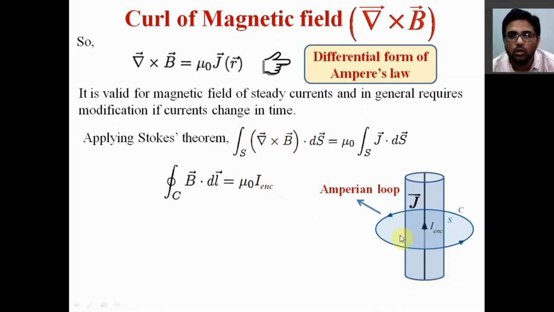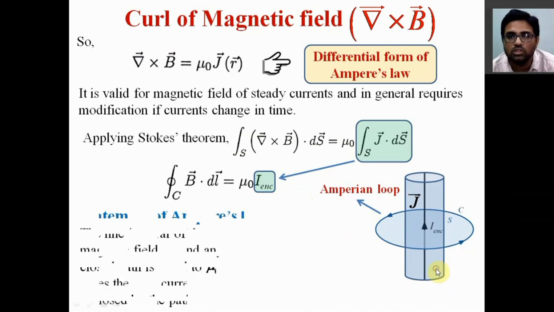Now here the open surface S is enclosed by this contour C. Now this will be equal to mu 0 times this open surface integration J dot ds, and this is actually equal to the current passing through this surface, which we call I enclosed, and this is the current enclosed by this closed loop, and this closed loop is actually called the Amperean loop.